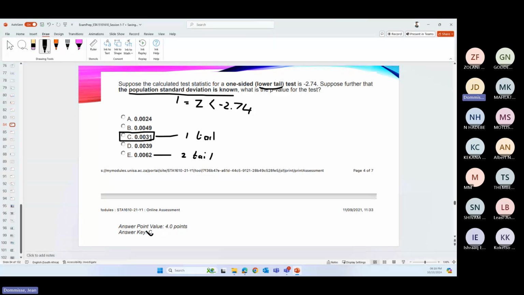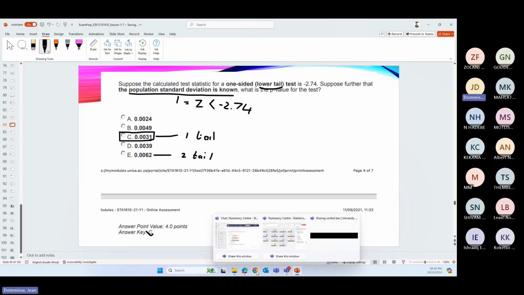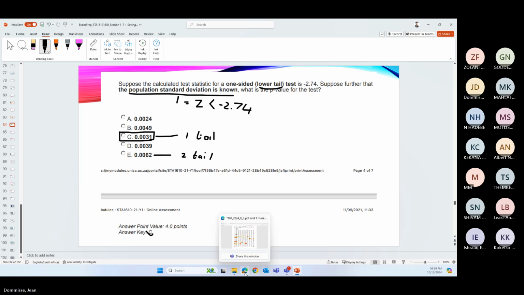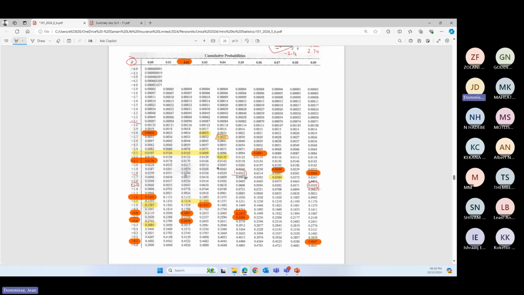We've now seen the 0,0031. Let's see what is 0,0024. So then they might have said to you minus 2,82.